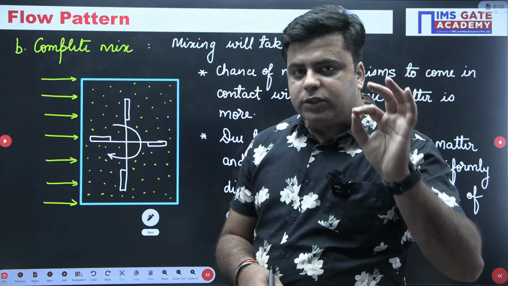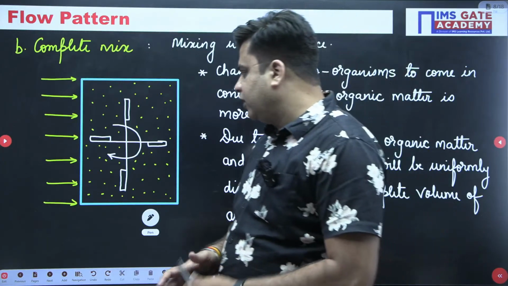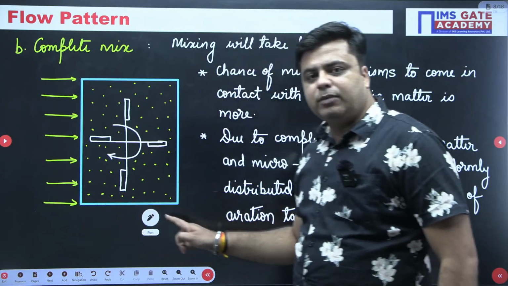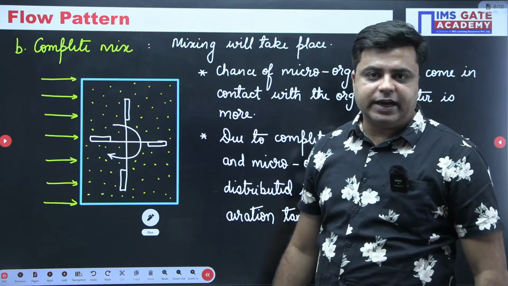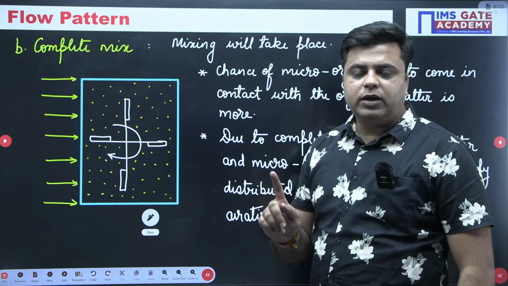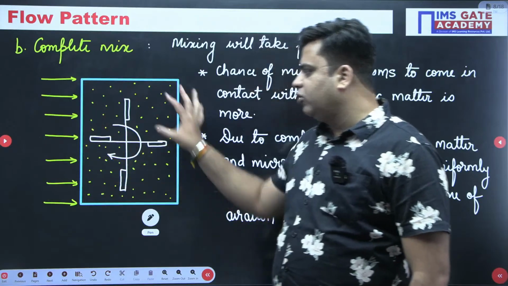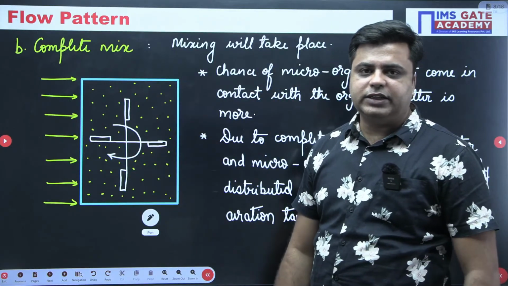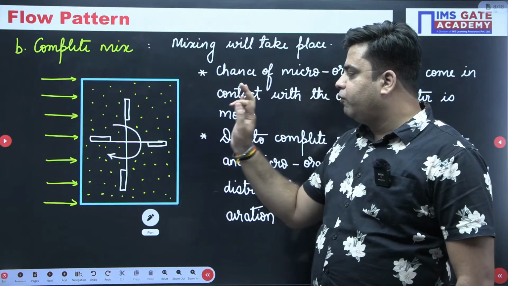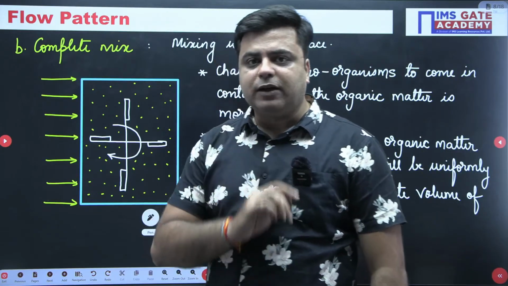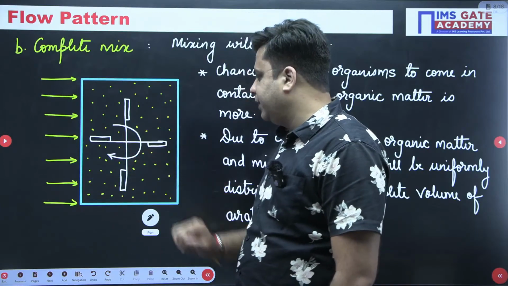So your option C will be the correct option, where you mark that the amount of organic matter remains the same along the length of the aeration tank. It will not vary along the length. It will be uniformly distributed throughout the entire volume of the aeration tank. So these are the two flow patterns that can exist in the aeration tank. First one is the plug flow and second one is complete mix.